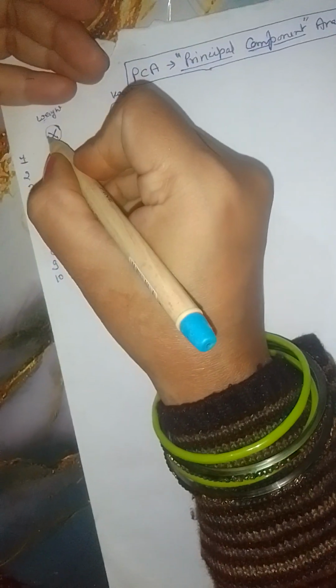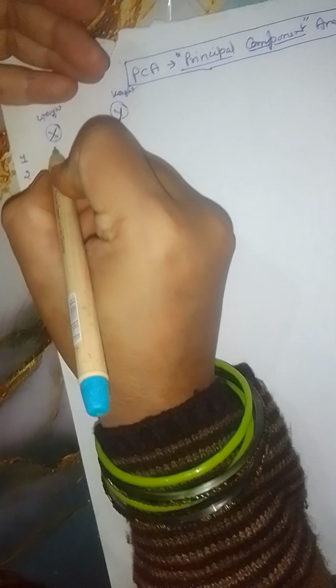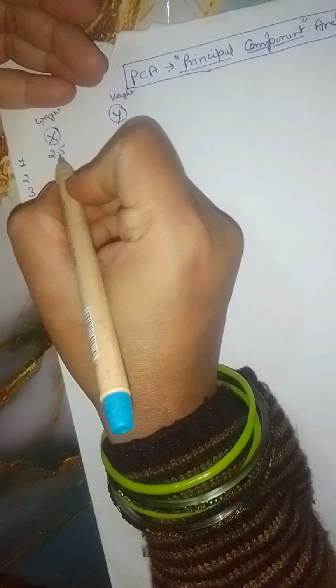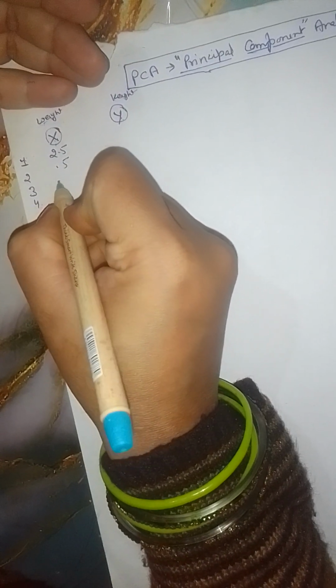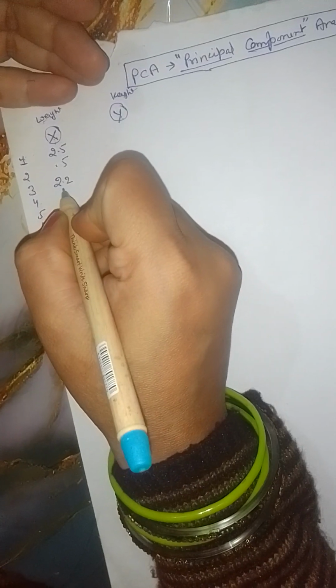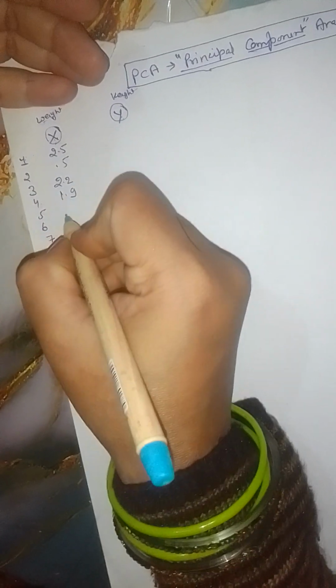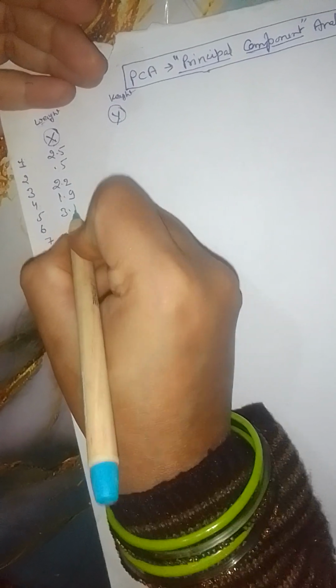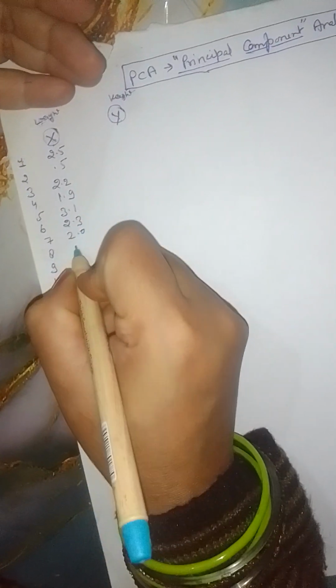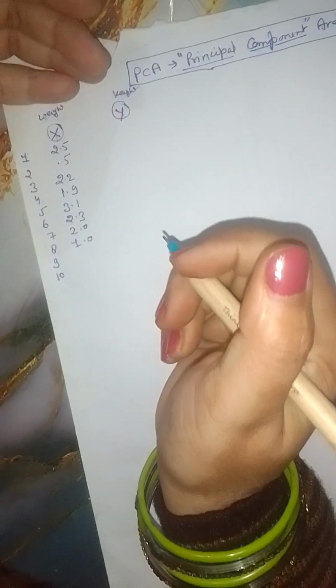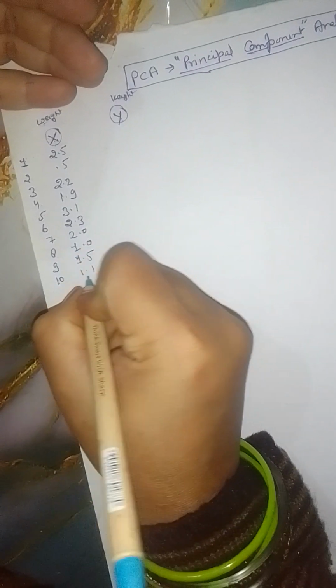So let's say x, or weight, is 2.5, fine, and 0.5, fine, 2.2. Some random data come to us, and another is 1.9, 3.1, 2.3, 2.0, or 1.0, fine. Or let's take 1.5 and another is 1.1.